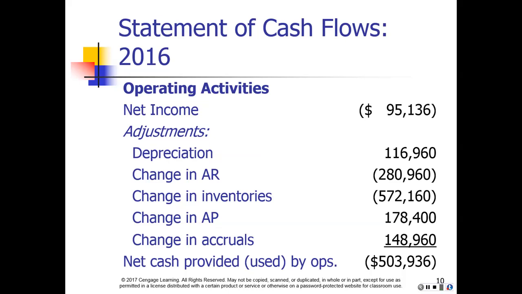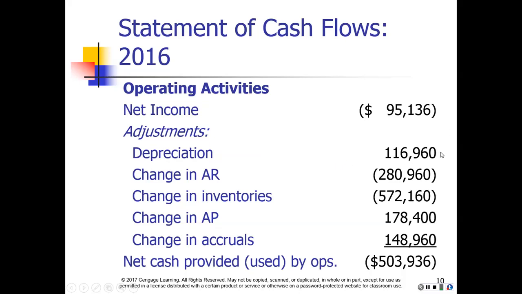So we start with our net income in 2016, which, if you remember, was negative 95,136. All right. We had obtained that by using depreciation, which was a non-cash item, right?